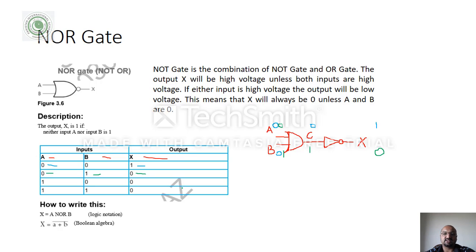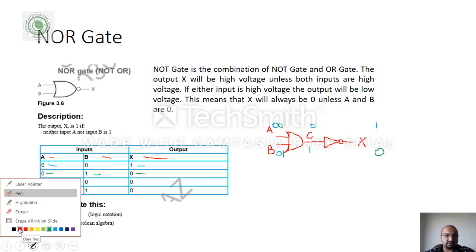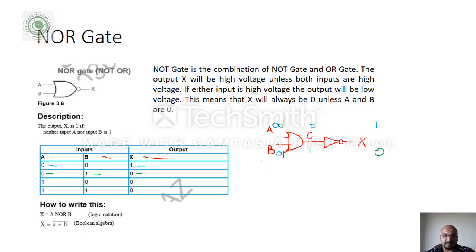And vice versa, if this is 1 and this is 0, when it passes through the OR gate it's 1, and when 1 passes through the NOT gate, it becomes 0.